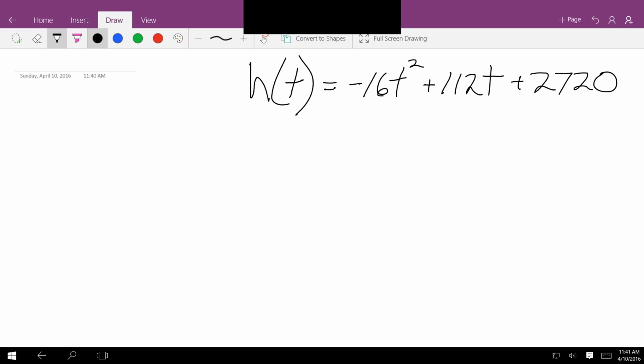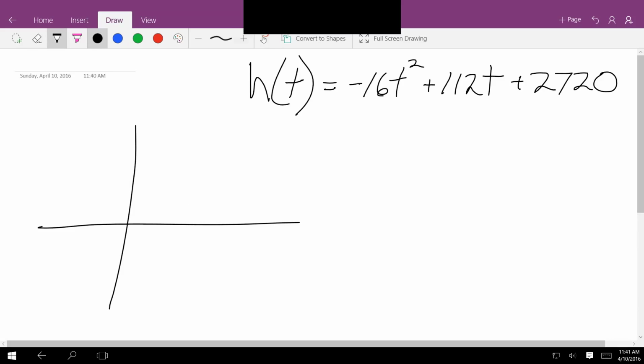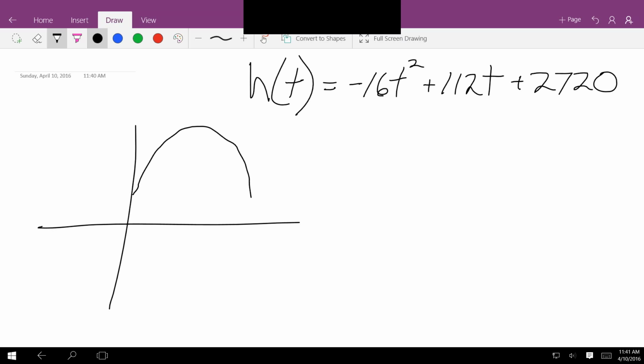Okay. We're looking at a quadratic, meaning that the thing's going to go like this. Projectile motion is a quadratic with a negative coefficient in front of it. And it doesn't really matter whether the rocket is launched like this or whether it's launched like this, straight up and straight down.